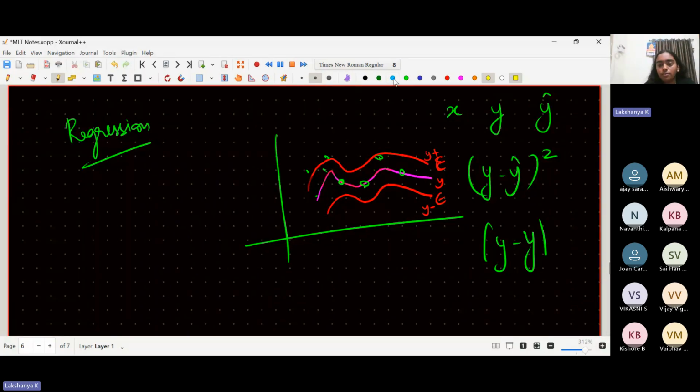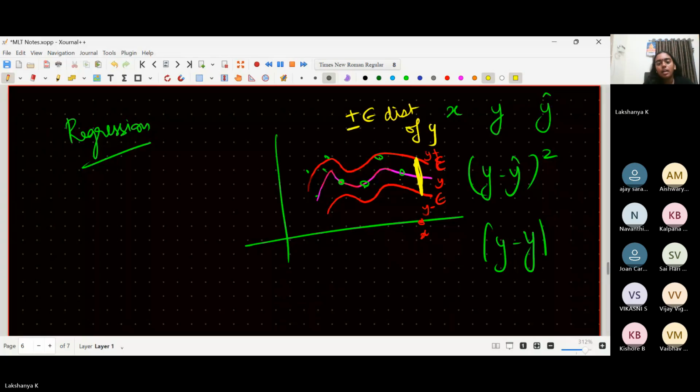So what regression does is you give it a point X, and using this line, it's going to predict the value Y corresponding to that point, which will be on this pink line, right? So now in support vector regression, it can be somewhere here, somewhere here, somewhere here. It can be anywhere within this tube, anywhere within a plus or minus epsilon distance of Y. So we are giving it a little bit of freedom.